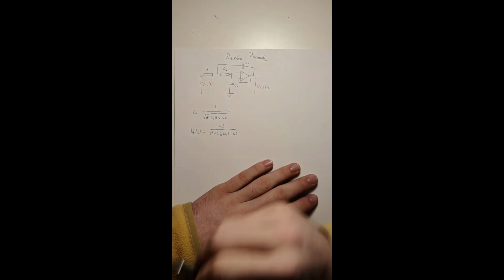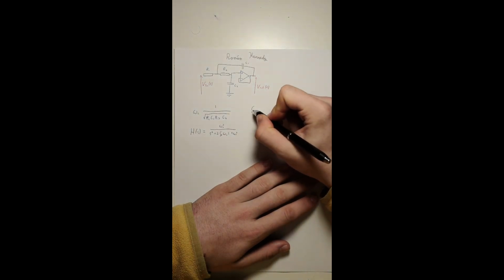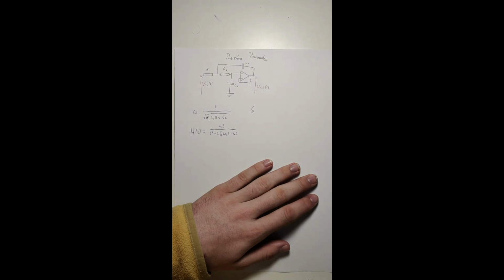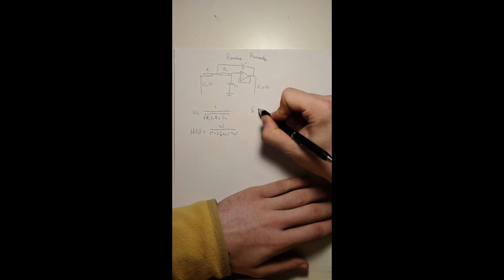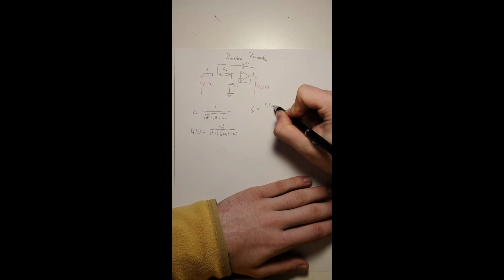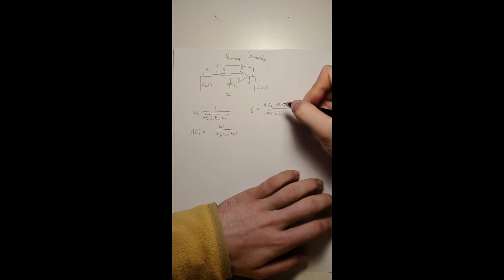Okay, so now also zeta is the damping ratio, and it is equal to R1 C2 plus R2 C2 over 2 root R1 C1 R2 C2.